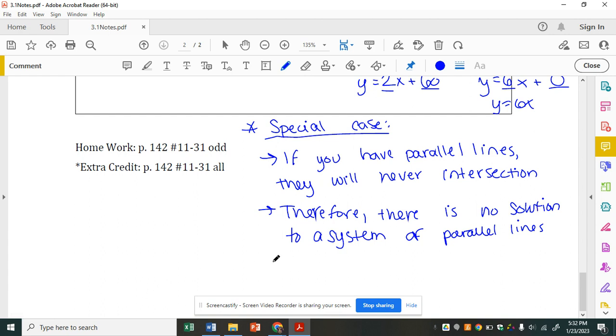There is no solution. And one way that you can tell before you even graph the equations on the coordinate plane that you have parallel lines is by looking at their slopes, because parallel lines always have the same slope.